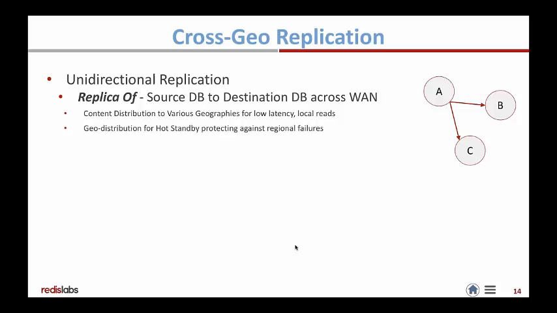When it comes to Geo Replication, when we have to operate across WAN, there's a couple of things that we provide in terms of replication topologies. Now, the picture that you're looking on the right of the slide represents site A and site B and C. So we provide a unidirectional replication capability where the data in site A can be replicated to site B and site C. We call this the replica capability, and essentially a source database is carried over to a destination database across the WAN.